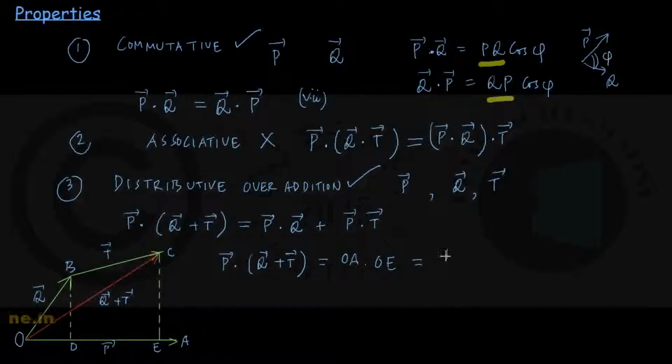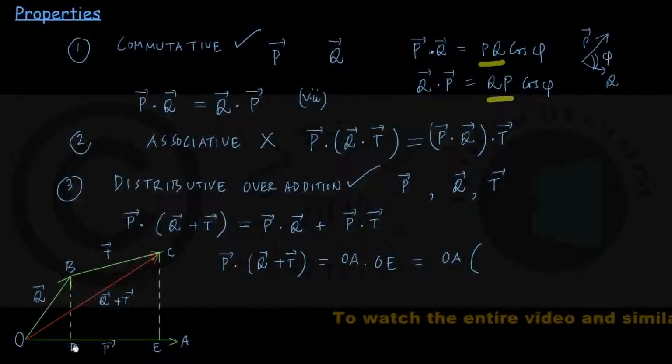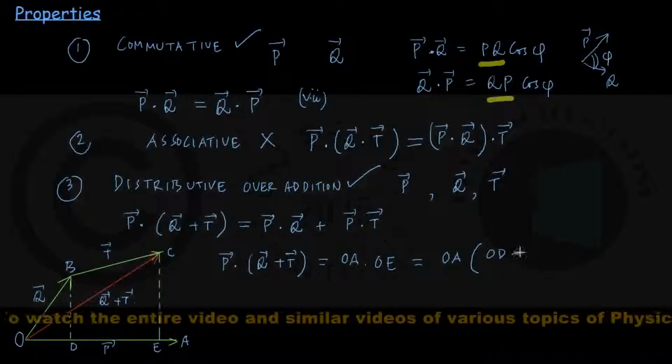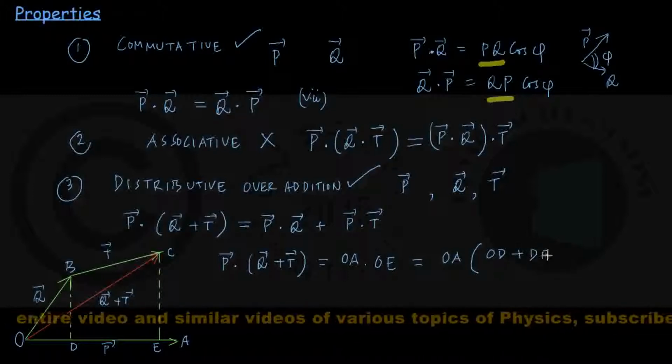Next, looking at the figure, I keep OA intact and break up OE into two parts because I can see OE is coming out to be the sum of OD plus DE. OD plus DE, that is my OE.